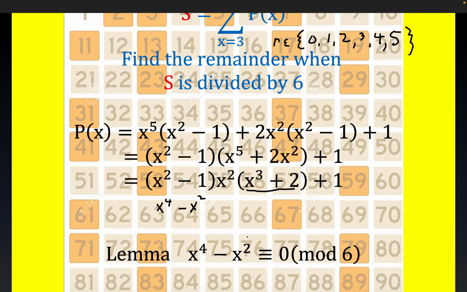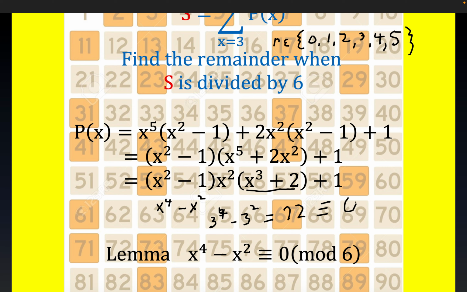The way to check this, it's clear it's true for 0, 1, and 2. 2 is very easy. 2 to the 4th is 16 minus 4 is 12, which is certainly divisible by 6. And 3 to the 4th minus 3 squared is equal to 72, which is certainly divisible by 6. 6 times 12 is 72, so that's congruent to 0.